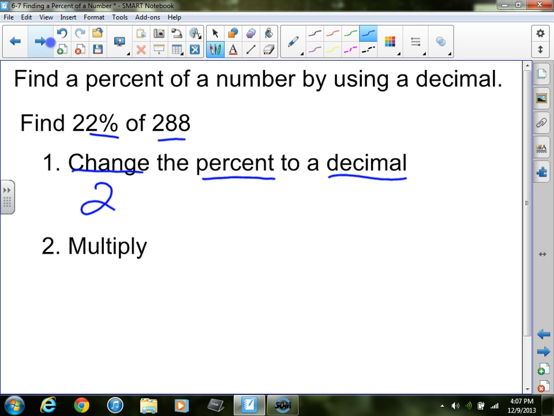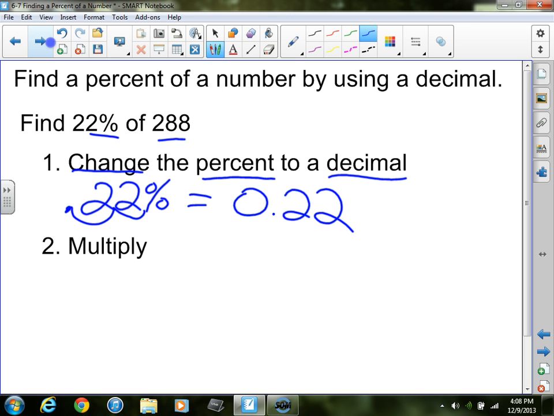So I have 22%. We know from the other day how to change a percent to a decimal. We take the decimal on the end, move it over 2 places, so it becomes 0 and 22 hundredths. So now we've changed it to a decimal.